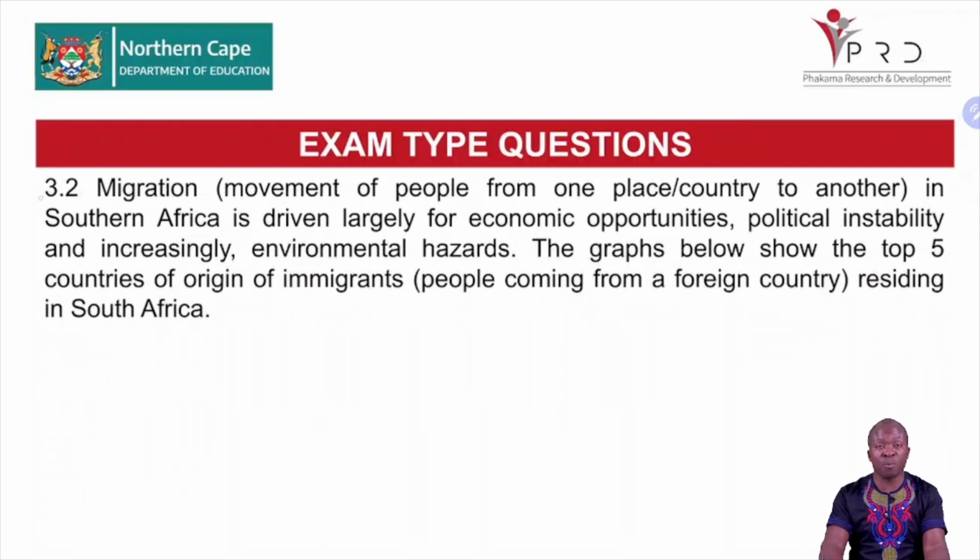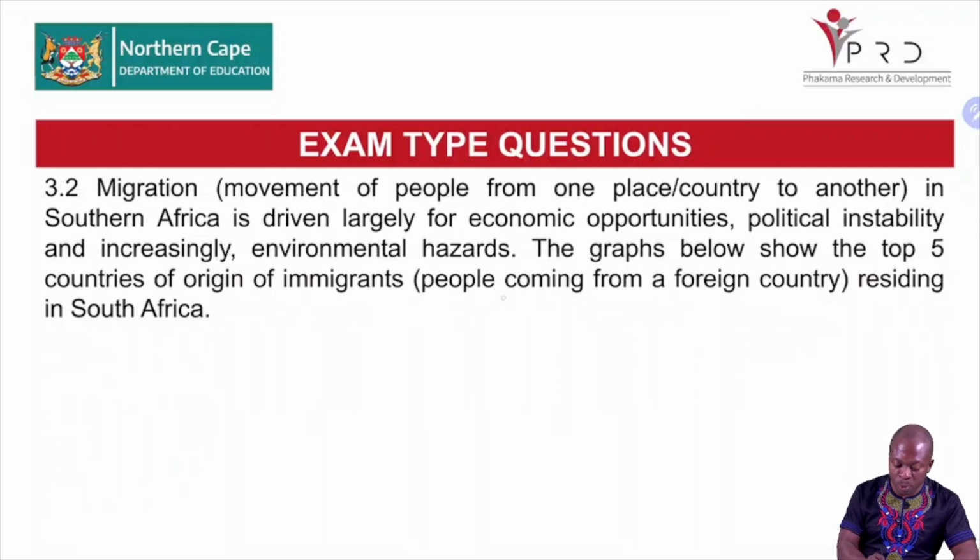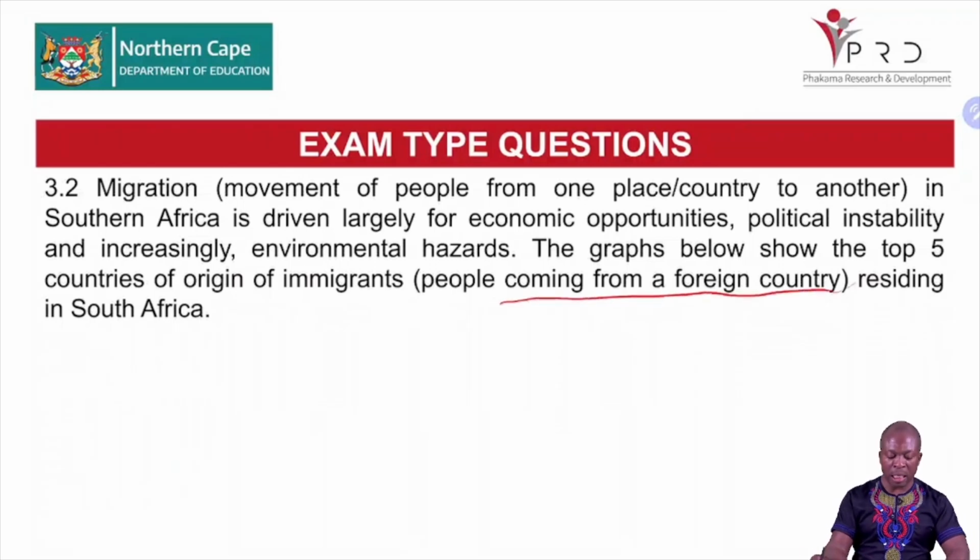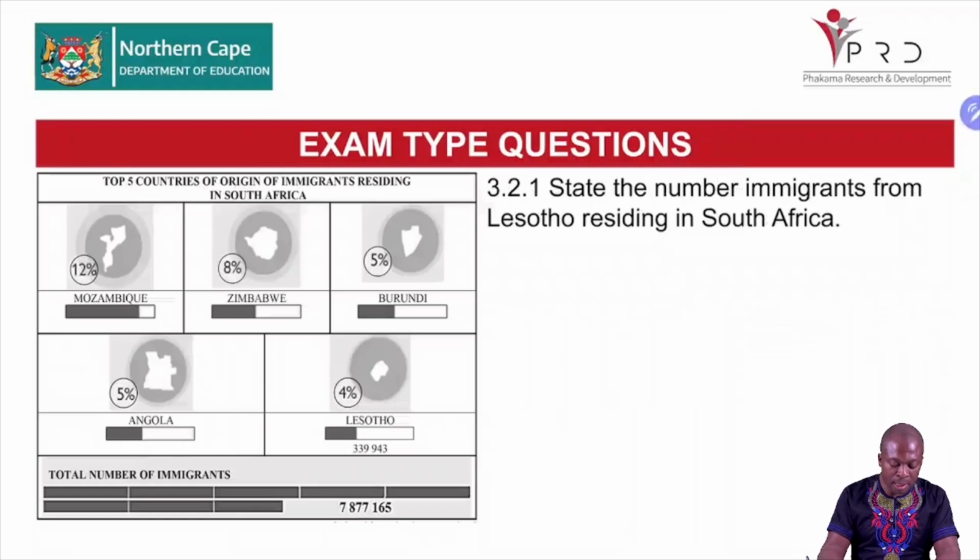So migration, that's movement of people from one place or country to another in Southern Africa, is driven largely by economic opportunities, political instability, and increasingly environmental hazards. The graphs below show the top 5 countries of origin of immigrants. When we talk of immigrants, we are talking of people coming from a foreign country residing in South Africa.